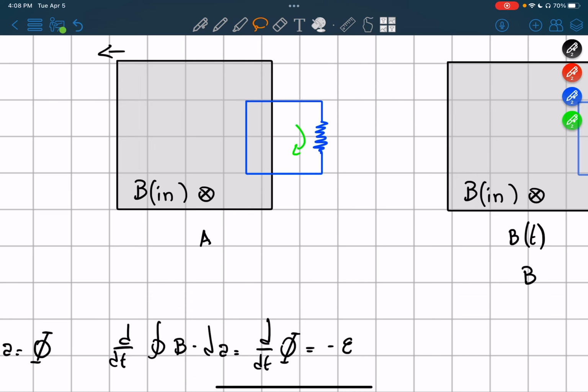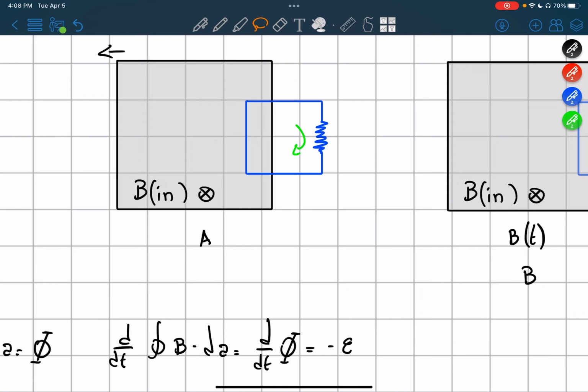Therefore, it's going to go downward in the same direction as B in order to counteract the change. So one thing important to understand here is that EMF is just trying to put everything back to how it was an instant before this change was made.